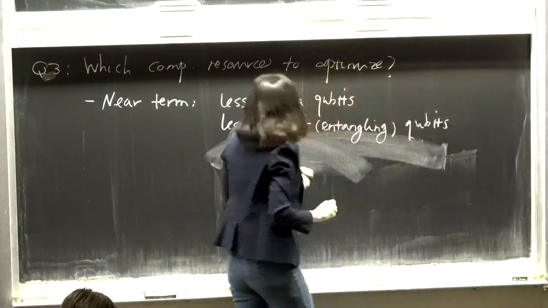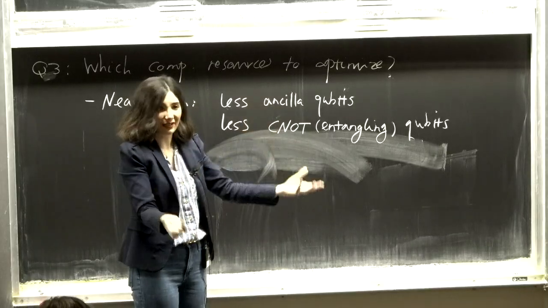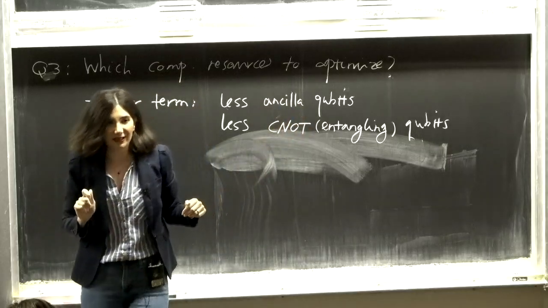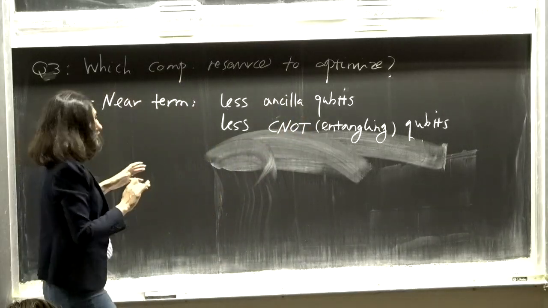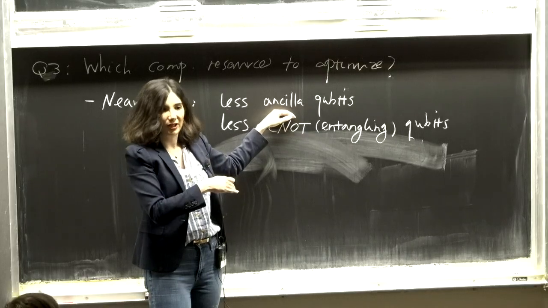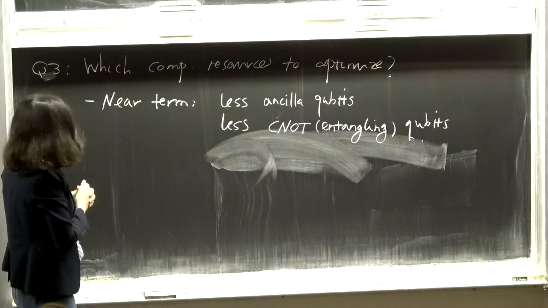Why is that? Well, we don't have very large machines, so we better save those qubits for the actual qubits that describe the physical system, as opposed to a bunch of ancilla qubits to do our algorithm. So if you have an alternative for the algorithm, we should pick the one that doesn't rely too much on ancillas, like the Jordan-Wigner transformation.